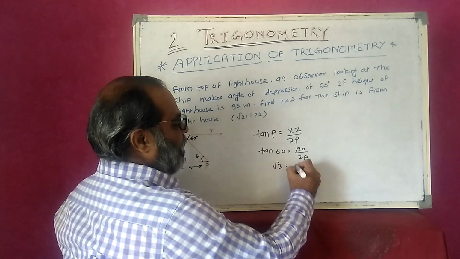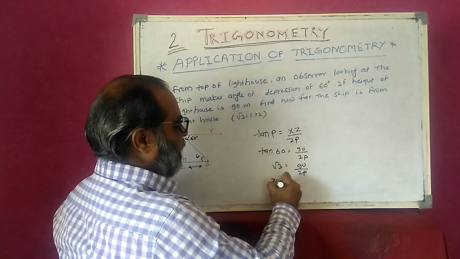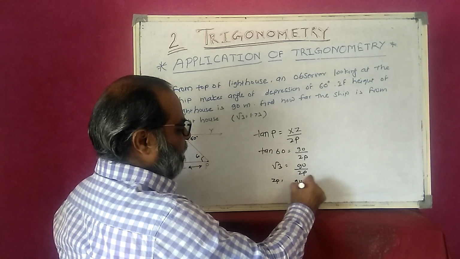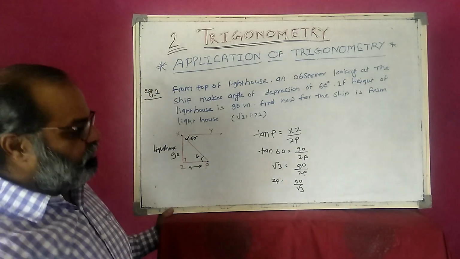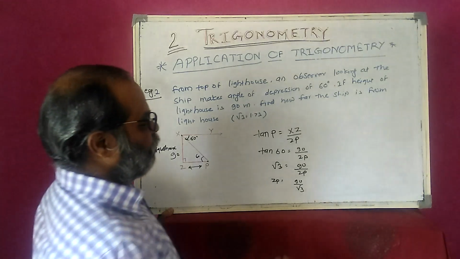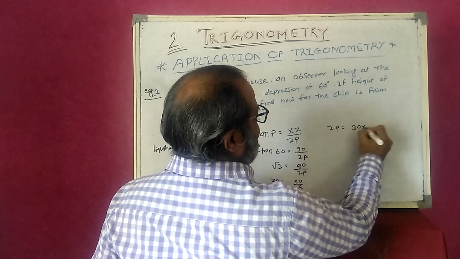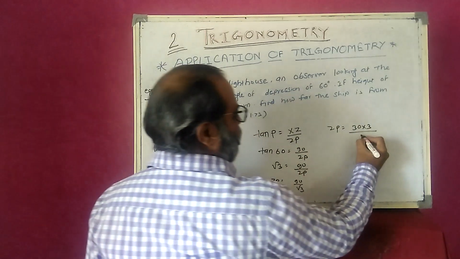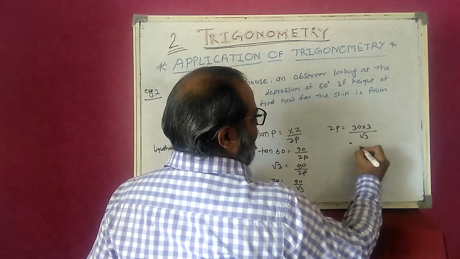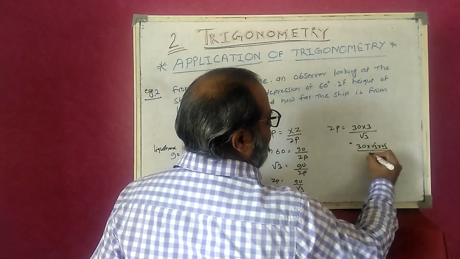So root 3 is equal to 90 upon ZP, so ZP is equal to 90 by root 3. We simplify it. I write 90 as 30 into 3 divided by root 3, and 3 as root 3 into root 3, so it is 30 root 3 divided by root 3.